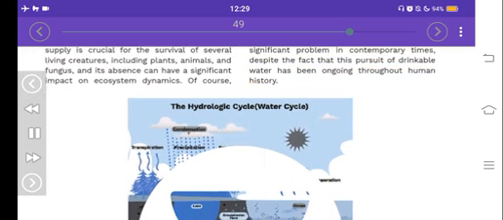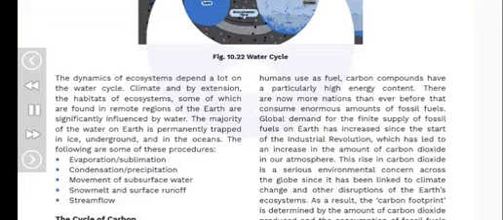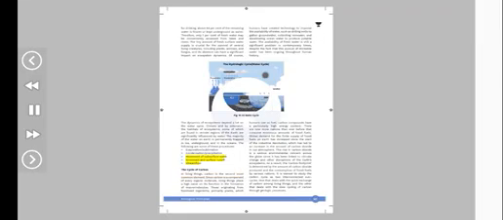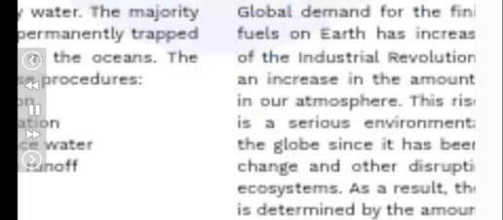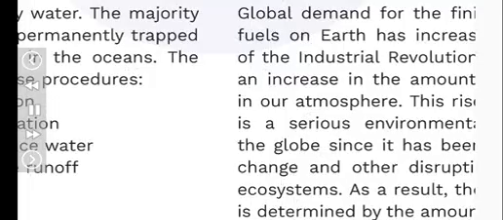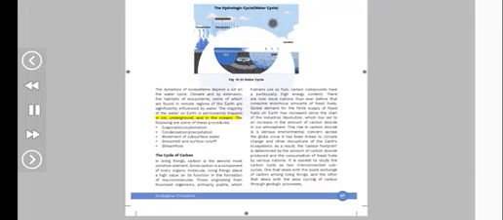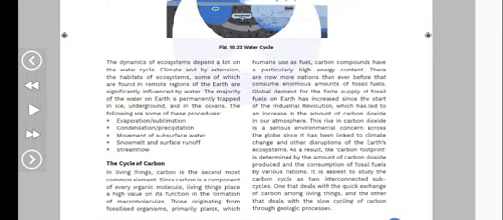The hydrologic cycle, or water cycle. The dynamics of ecosystems depend a lot on the water cycle.